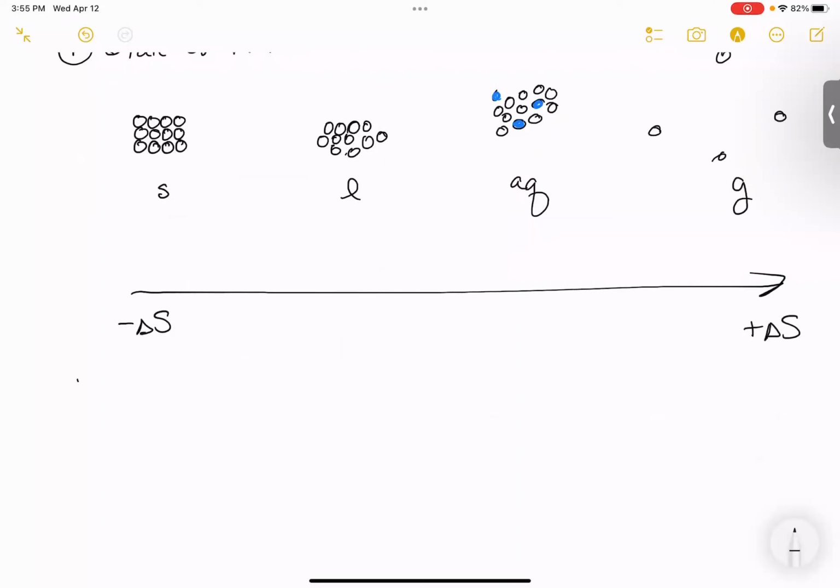Now, the next thing you're going to look at, though, is your stoichiometric coefficients, your number of molecules.